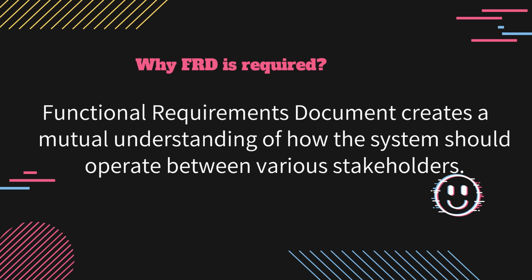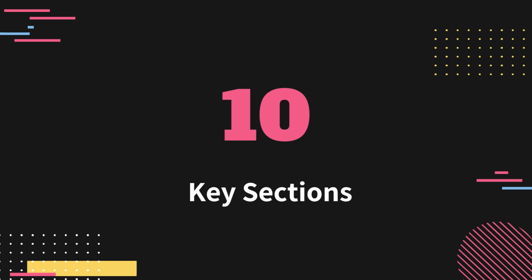The FRD is utilized by other groups in other areas of the company. Management, marketing, sales, customer service, support, and the application development team can all be considered among them. The document addresses these groups differently and takes into account how it reads so that it is easier to understand. What should a functional requirements document include?